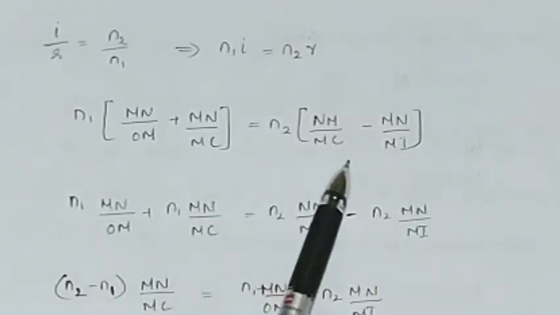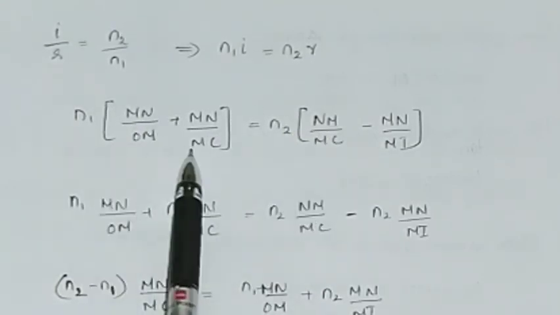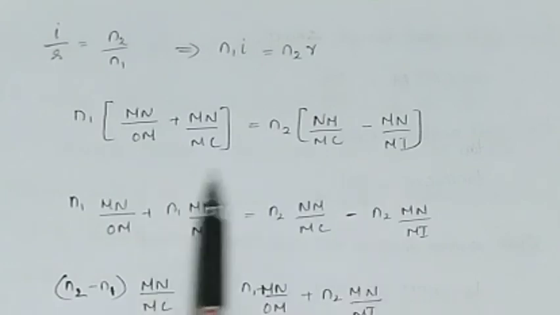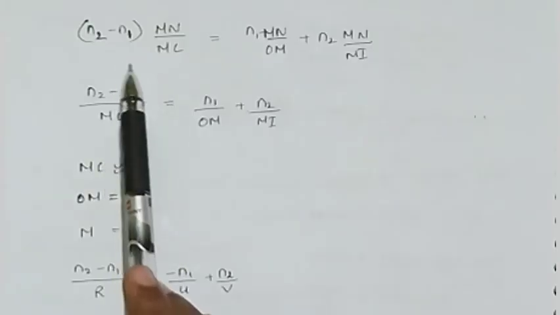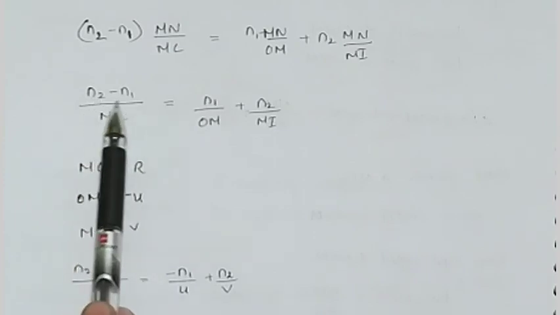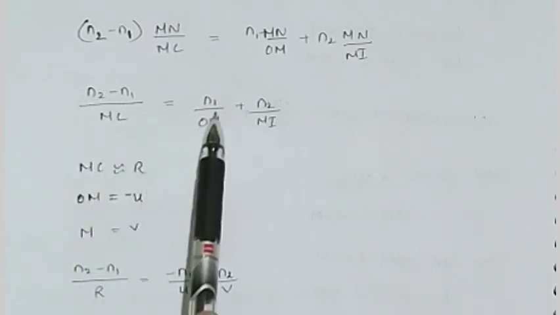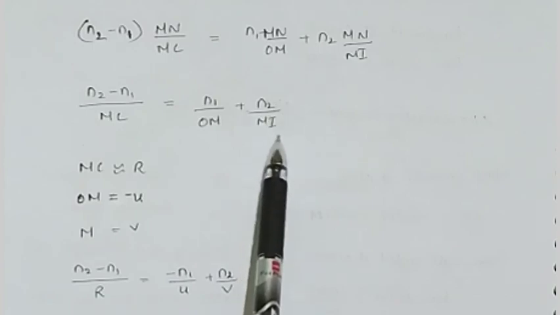Now on expanding the expression and rearranging, that is, taking N1 and N2 into the bracket and doing some rearrangements, we can obtain N2 minus N1 into NM by MC is equal to N1 into NM by OM plus N2 into NM by MI. And dividing throughout by NM in this expression, we can write N2 minus N1 by MC is equal to N1 by OM plus N2 by MI.